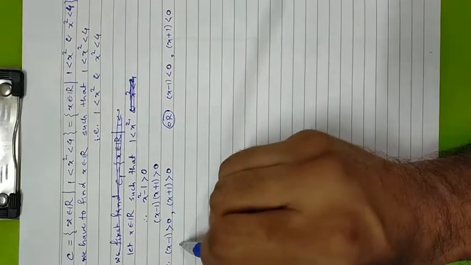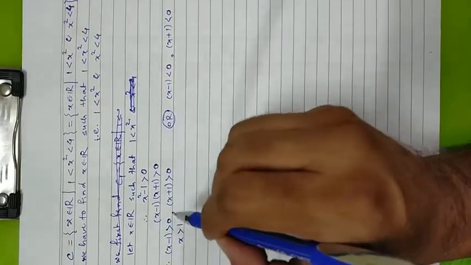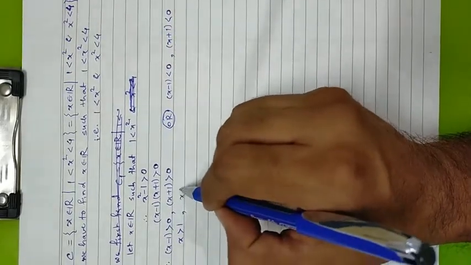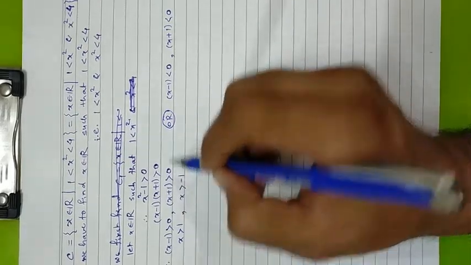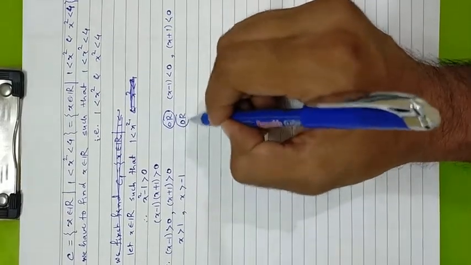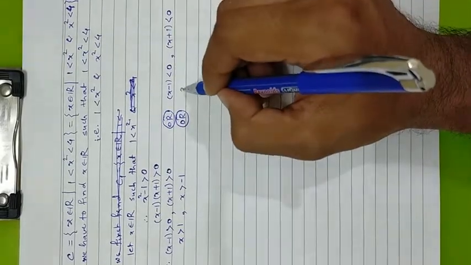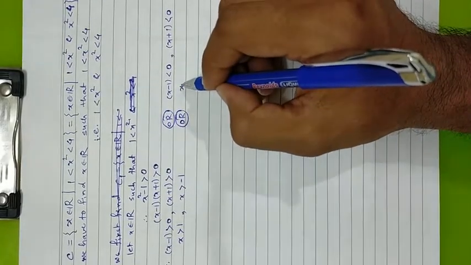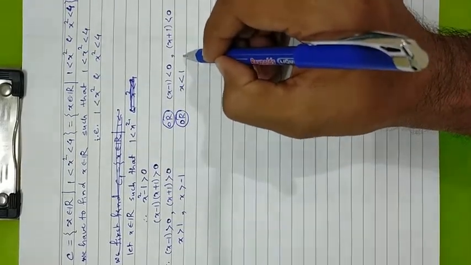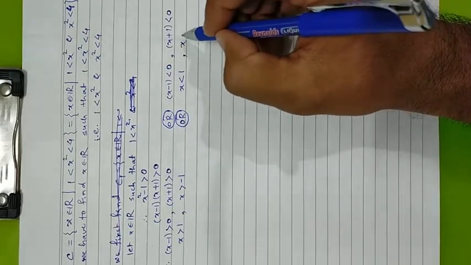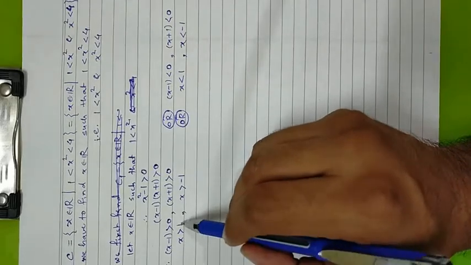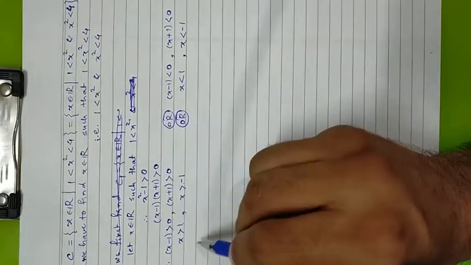But what does it mean? It means x can be greater than 1 and x can be greater than minus 1, or x less than 1 and x less than minus 1.